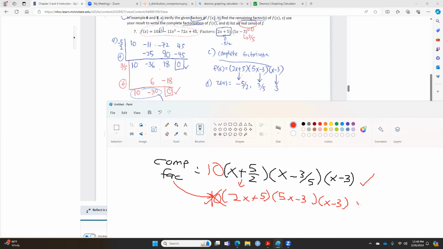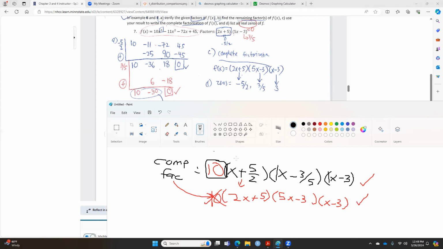So make sure you know when you use the 10 and when you do not use the 10 here. I can tell you straight away, if the leading coefficient of each factor in this form is 1, then usually you need to put a number in front of it based on your question here. But if you already have numbers in front, then you do not need to worry about it.